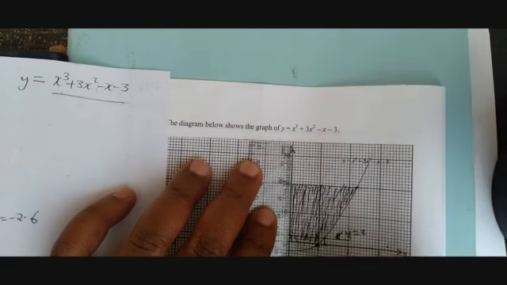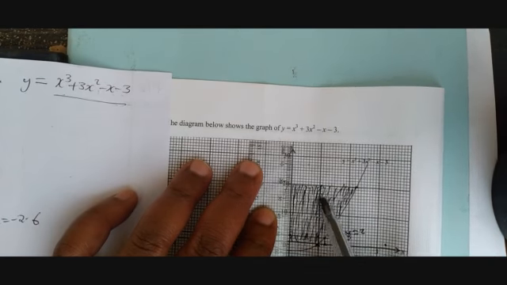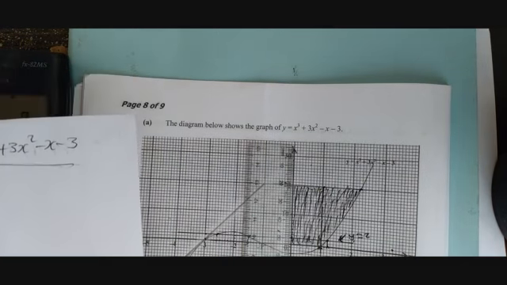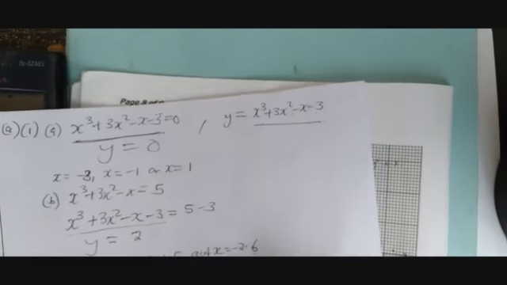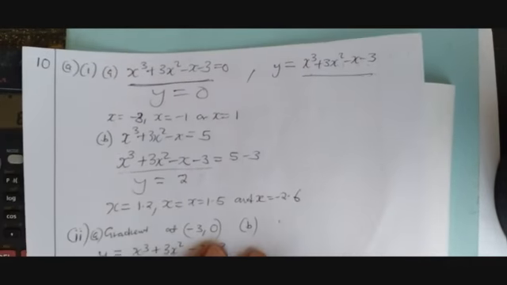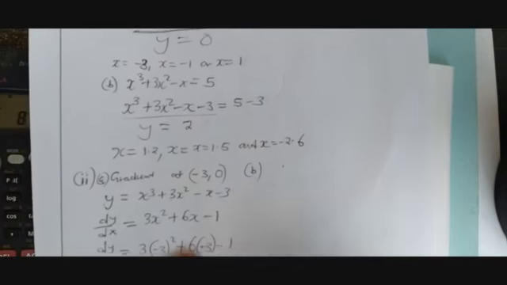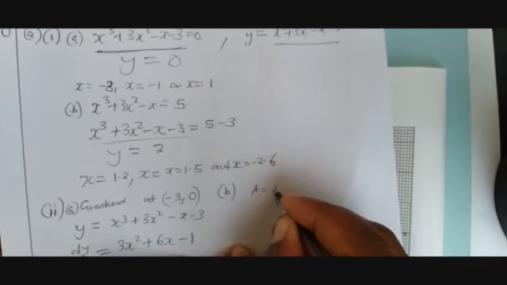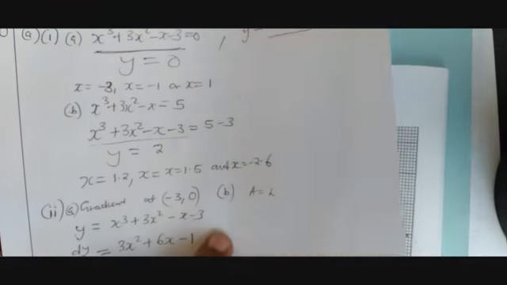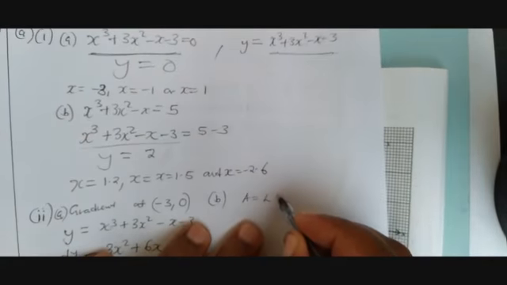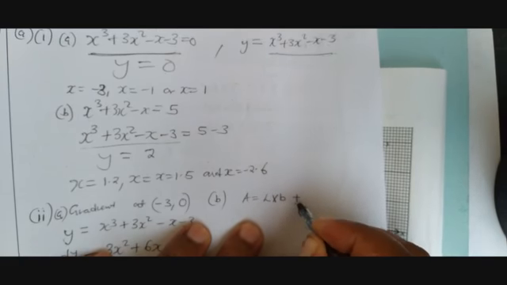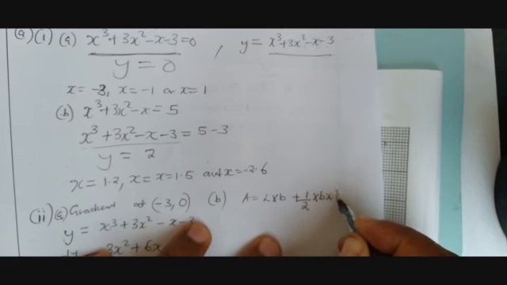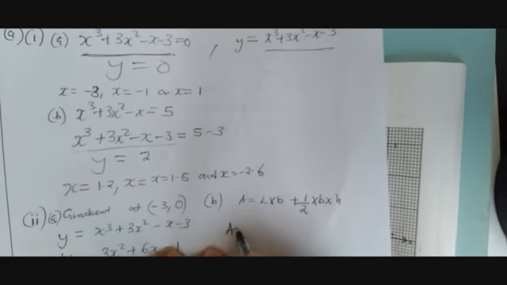Okay, you can demarcate this and say this is a rectangle and this is a triangle. Then you apply the formula for the rectangle and the triangle. So you're going to say area is equal to length times breadth plus half times base times height.